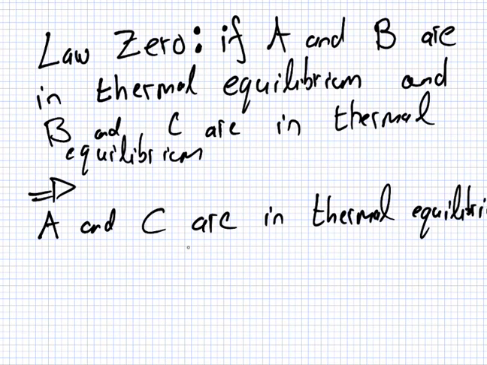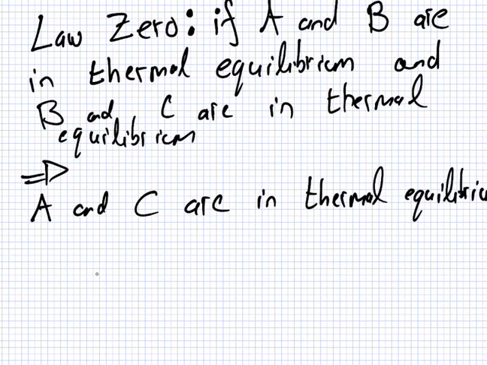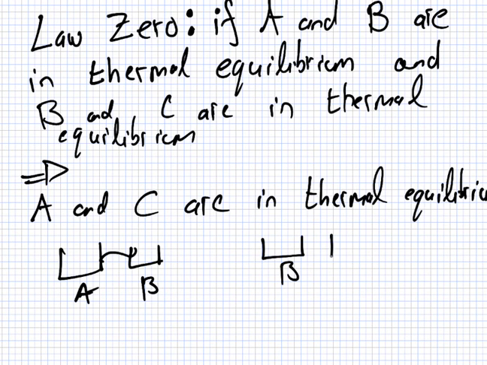It seems very obvious, doesn't it, that if A and B are in equilibrium and B and C are in equilibrium, there's no temperature change. Therefore, if I put A and C together, they too are in thermal equilibrium. That's called the 0 law.